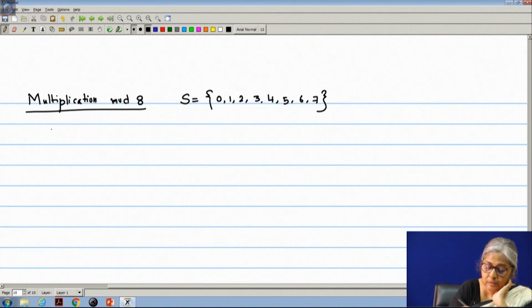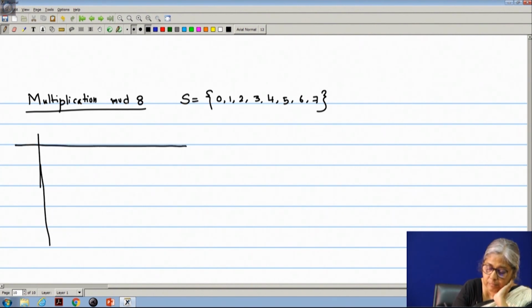So this is my multiplication table, considering 0, 1, 2, 3, 4, 5, 6, 7.